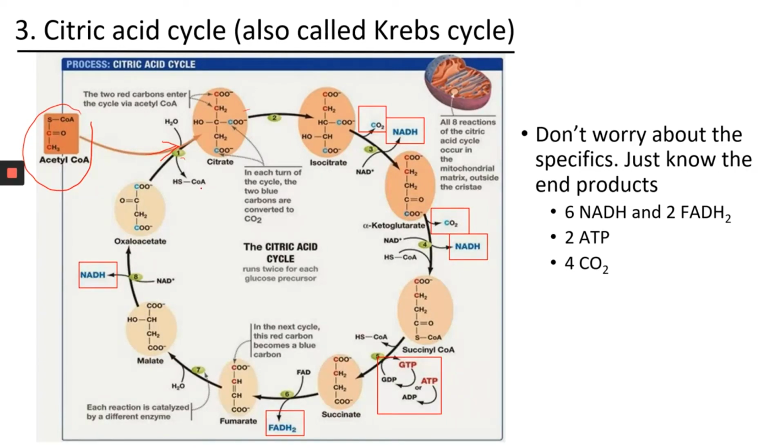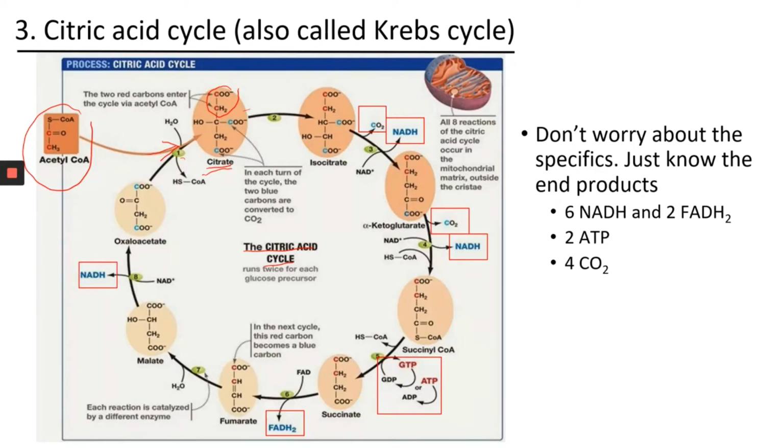The two red carbons enter the cycle via acetyl-CoA. So these two come from acetyl-CoA, and then you make this compound called citric acid, and this is mostly why we call this cycle the citric acid cycle. The second thing, you just need to know the end products.